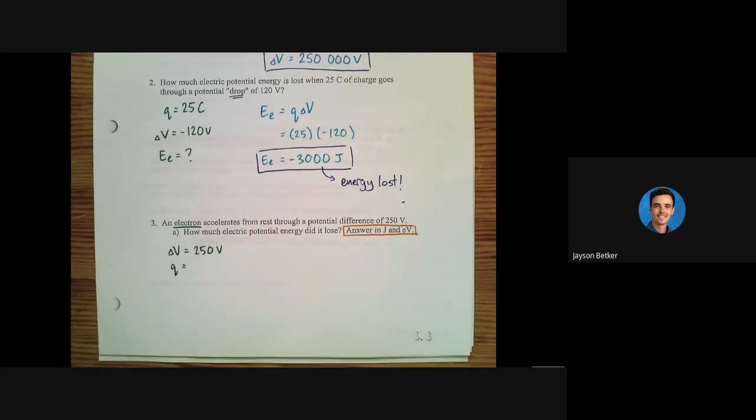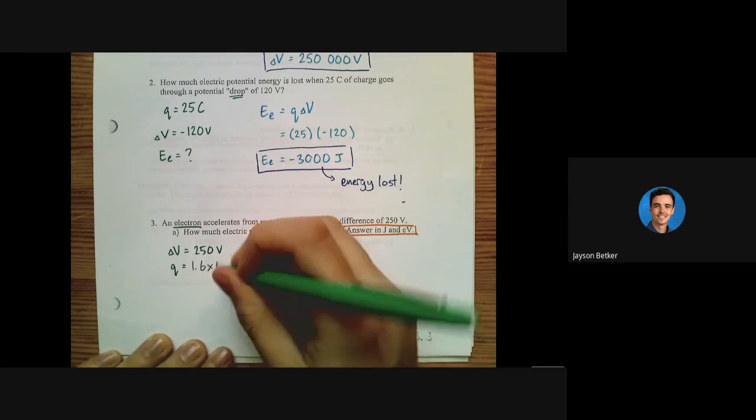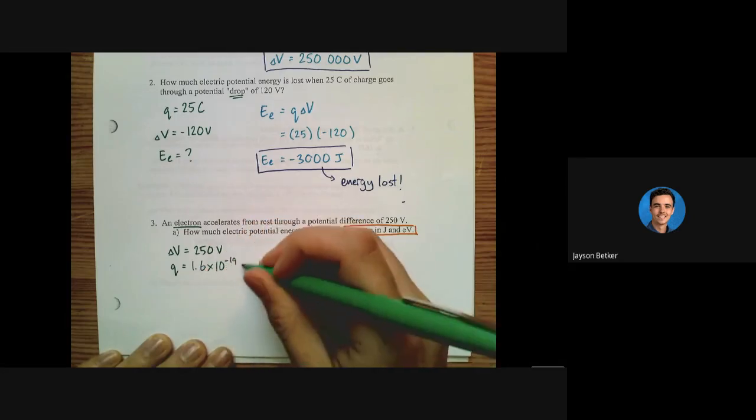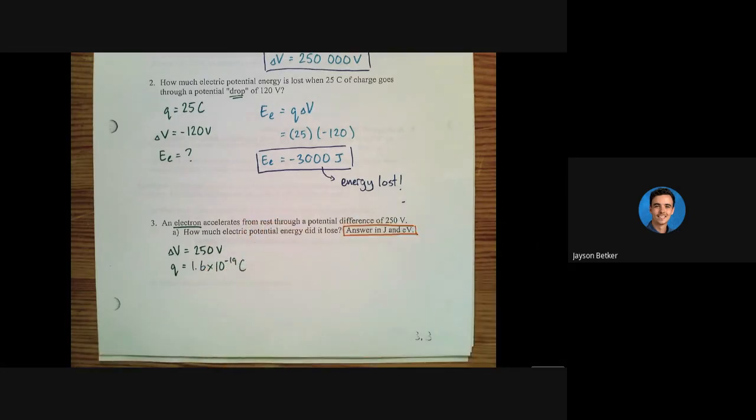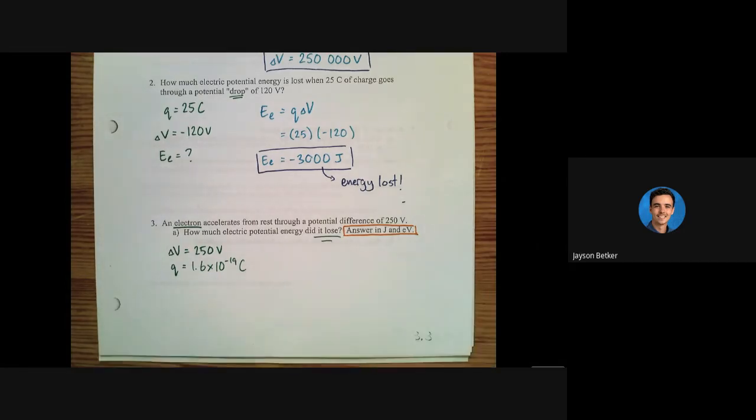We know what an electron's charge is. It's either 1 e or it's 1.6 times 10 to the negative 19 coulombs. And that's just the magnitude of its charge. It could be negative because it's an electron, but we'll leave it as the magnitude, because the question is already saying how much potential energy it loses, so we don't need to get that double negative in there. Whatever we get, we just know that's how much energy it's losing.